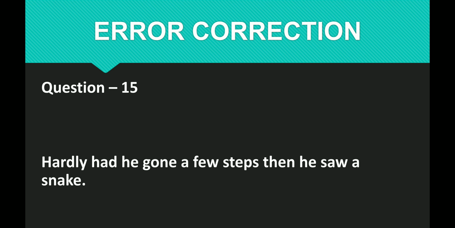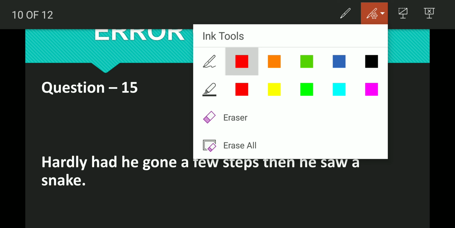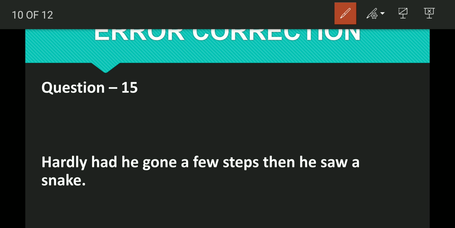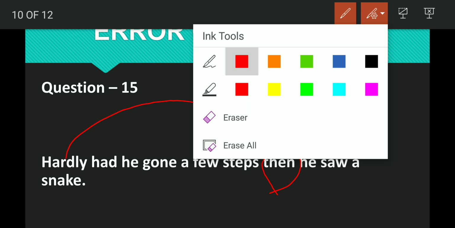So instead of then, we are going to use when. So we cannot use then there, because hardly will agree with when. No sooner than, hardly when, scarcely when, either or, neither nor, not only but also, else, but. These are the correlative words we do use.